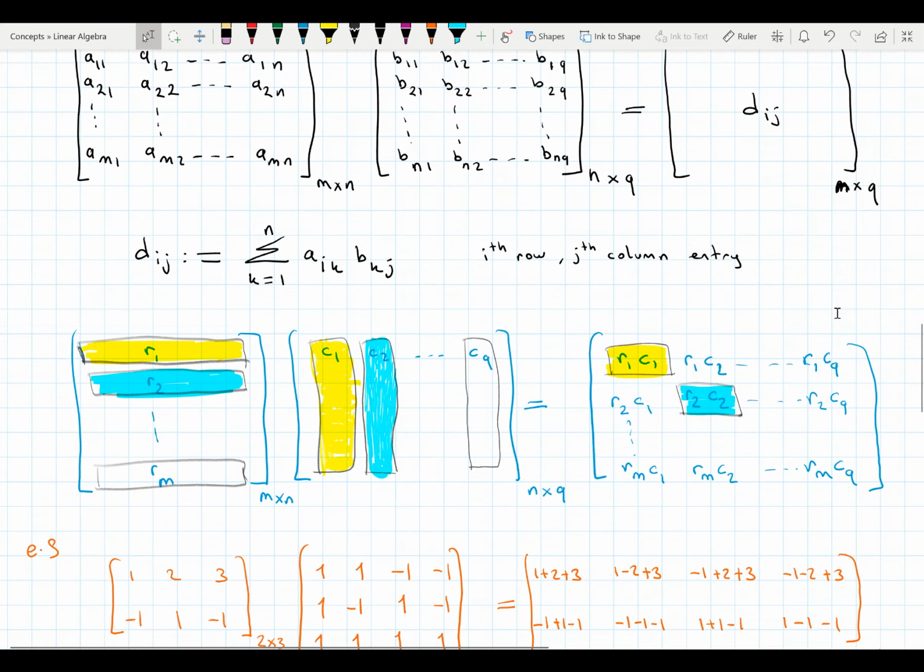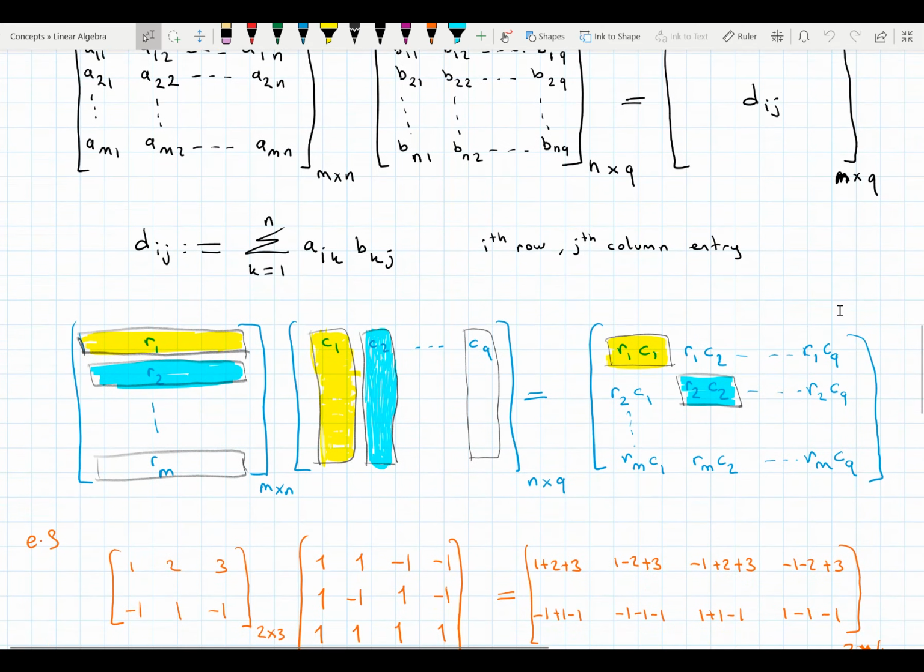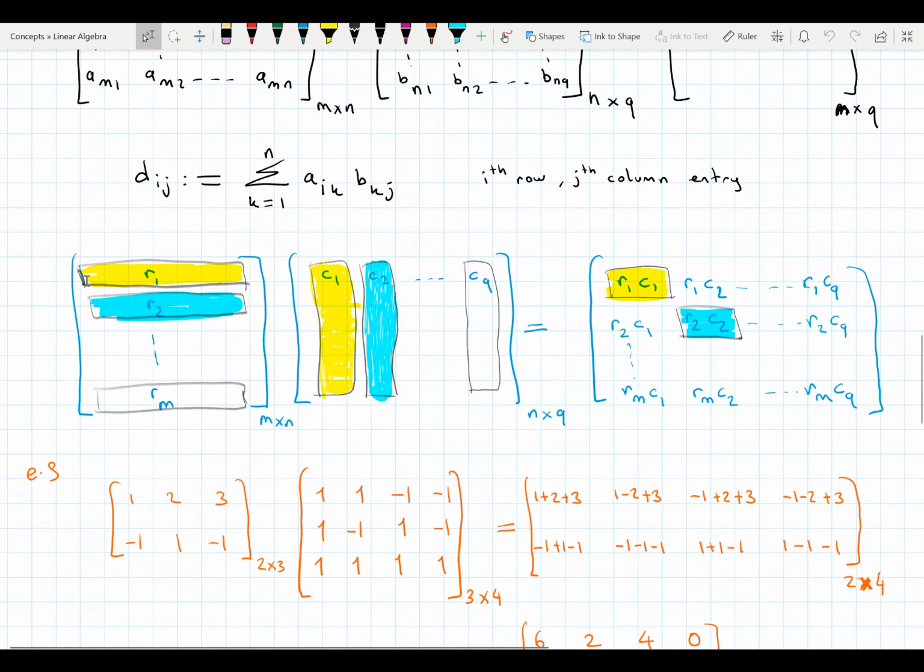If you would like to think of rows and columns as vectors, in the first matrix we think in terms of the rows, and we focus on the second matrix in terms of the columns. So the row times the column will go to exactly the corresponding place in the resulting matrix.